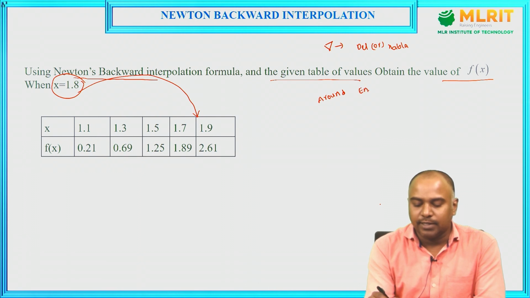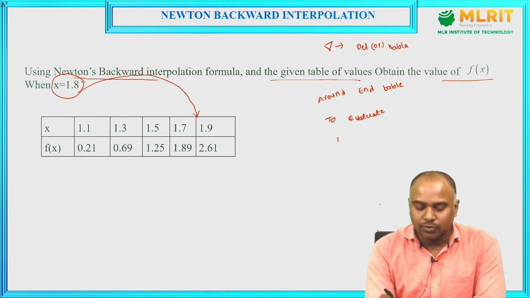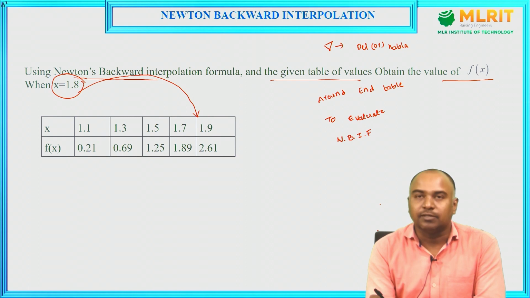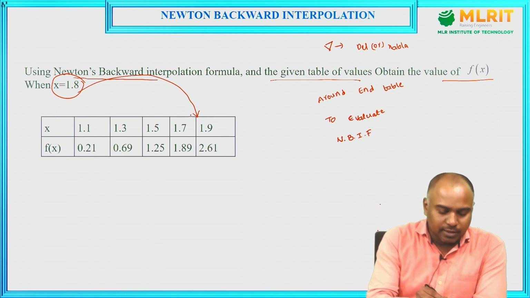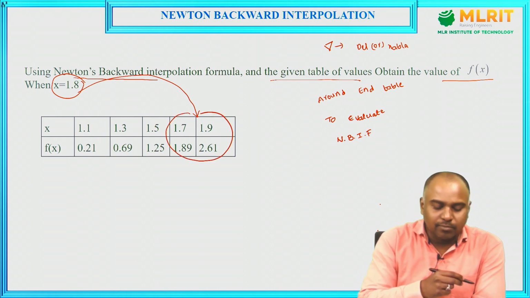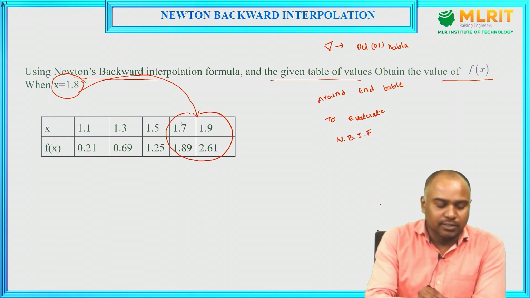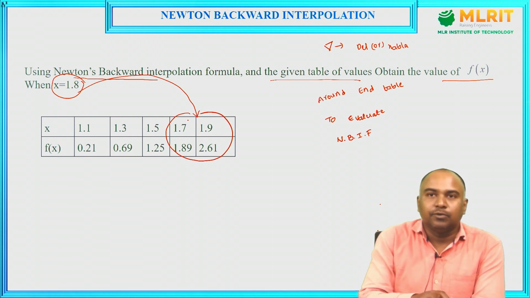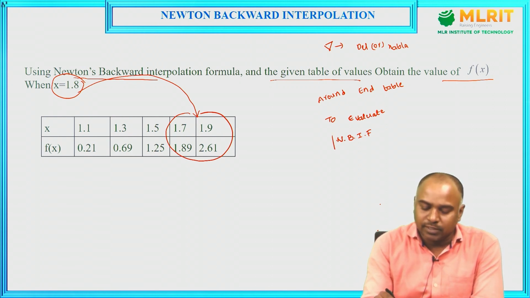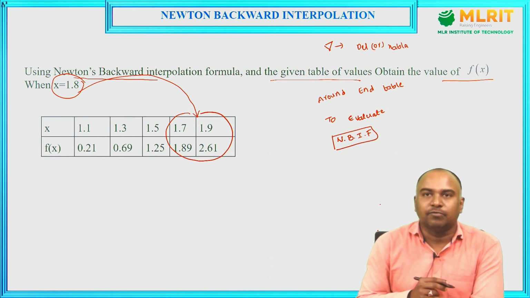If the point is located around the end of the table, to interpolate the value we use Newton's backward interpolation formula.